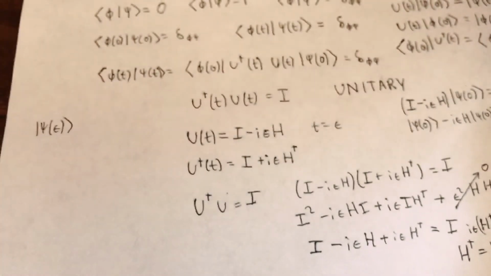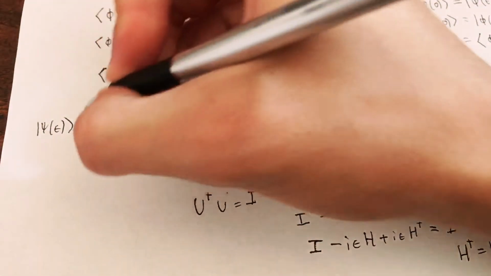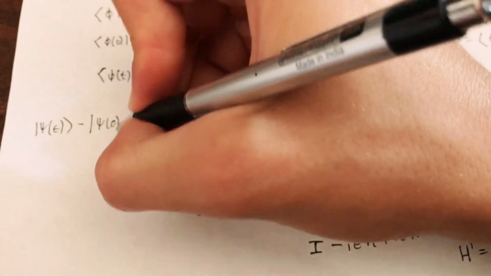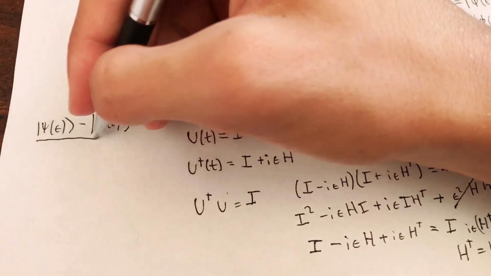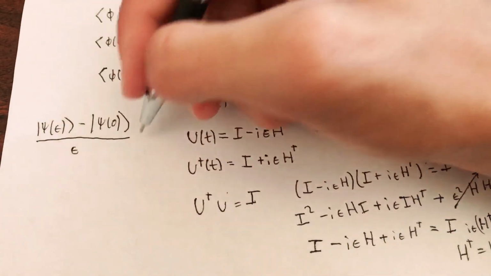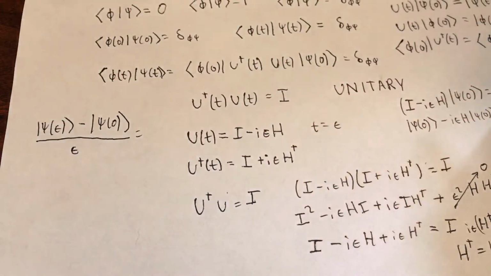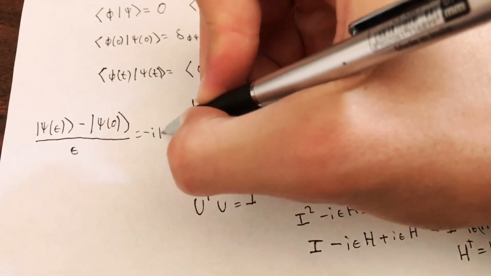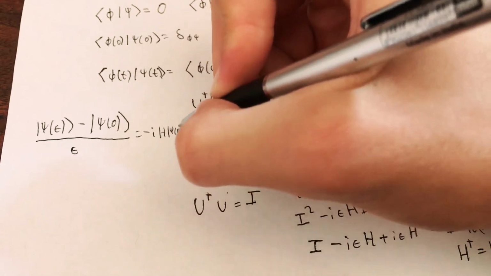If we rearrange the terms, we find that psi at epsilon minus psi at 0, divided by epsilon, is equal to negative i H times psi at 0.